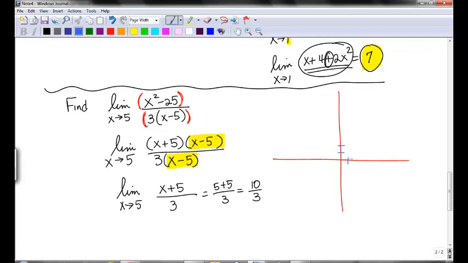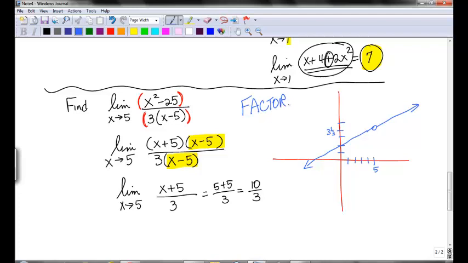As x approaches 5, you have an open circle. What's that y value? 10/3, or 3 1/3. So as x approaches 5, you do have to show that as an open circle. Star it if you haven't already.